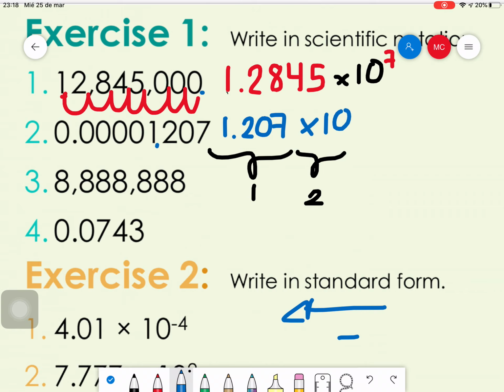I need to move this point how many times to get into the original point? It will be 1, 2, 3, 4, 5. So it will be times 10 to the negative power of 5. Okay? Why negative? Because I move to the left. If I move to the left, it is negative. If I move to the right, it is positive. Next one.